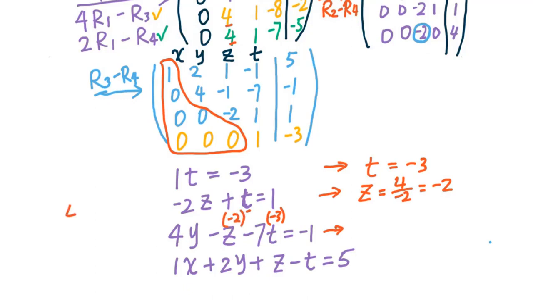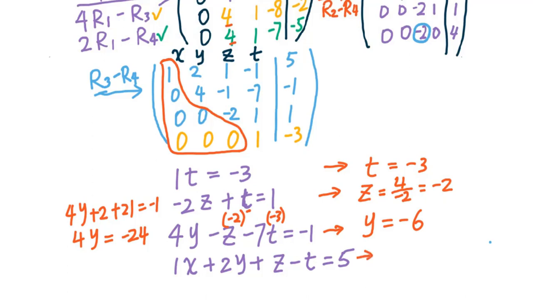So you get 4y plus 2 plus 21 equals negative 1. Then 4y equals negative 24. So y equals negative 6.